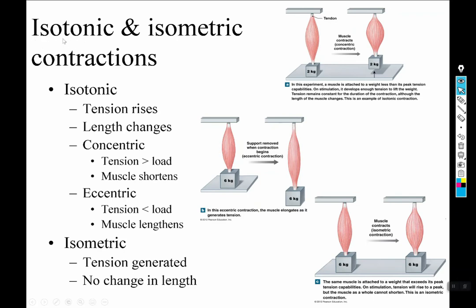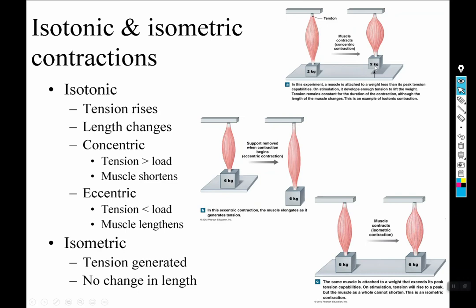So isotonic is referring to tension rising and then reaching some maximum in which we have enough cross bridge generation where length is changing but tension reaches some plateau. So this is an example of isotonic contraction where we have a 2-kilogram weight being lifted off the ground because this muscle is generating tension and it's getting shorter while it's doing so.